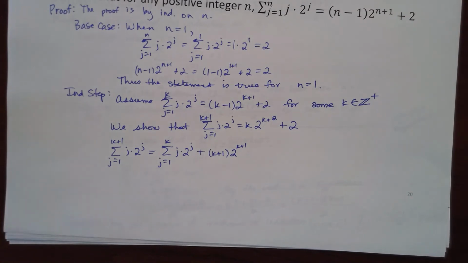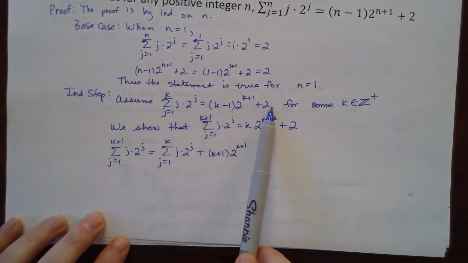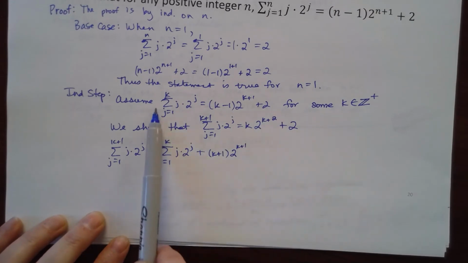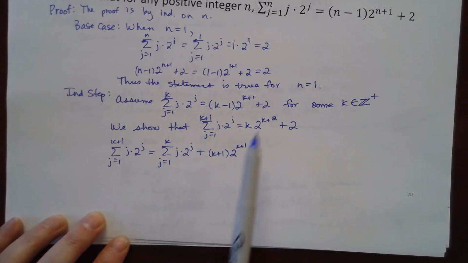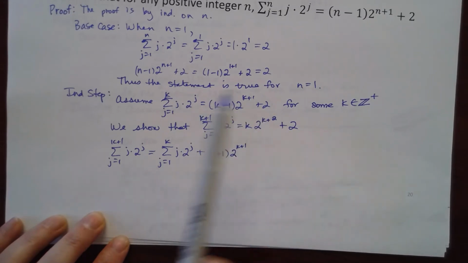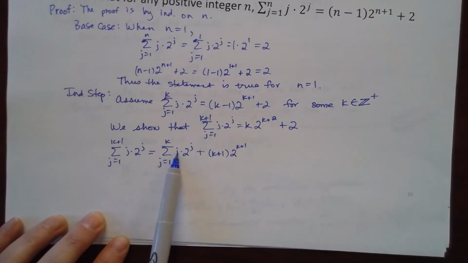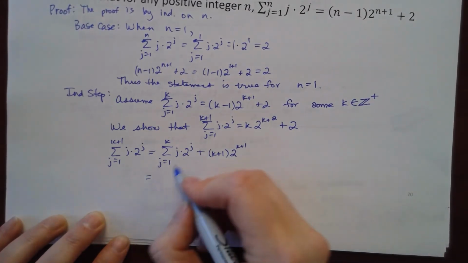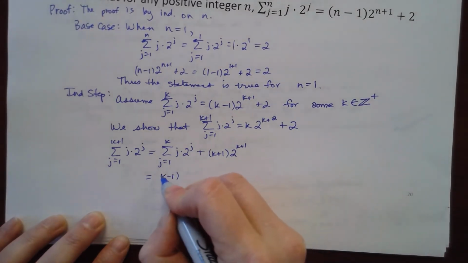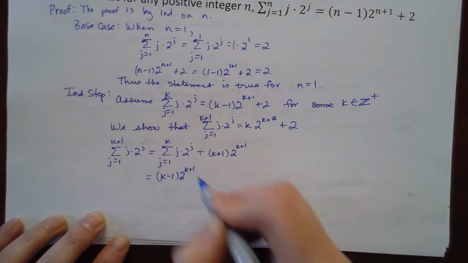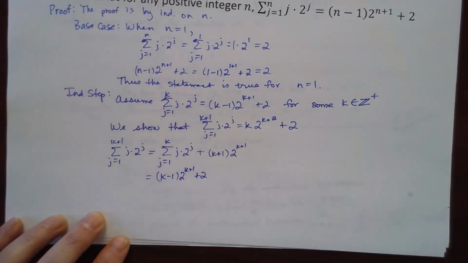So now if we go back here, this is our inductive hypothesis. And we say, okay, I think I know what the closed form of that is. So I can take this right side and replace it for this summation. I'm going to replace that summation with k minus 1 times 2 to the k plus 1 plus 2.